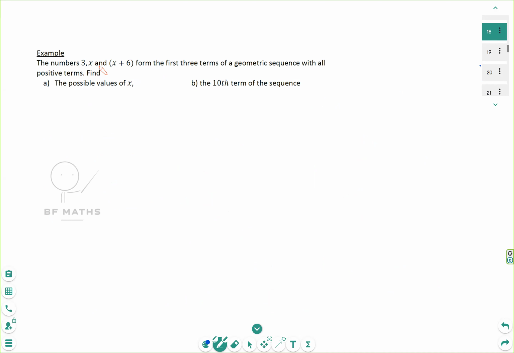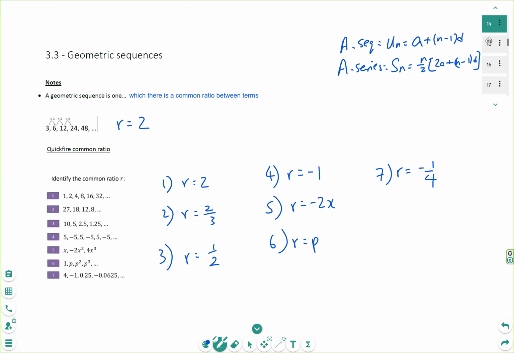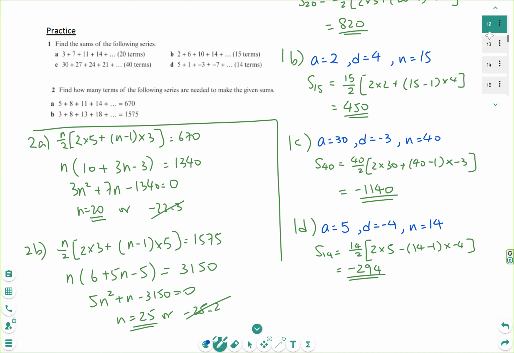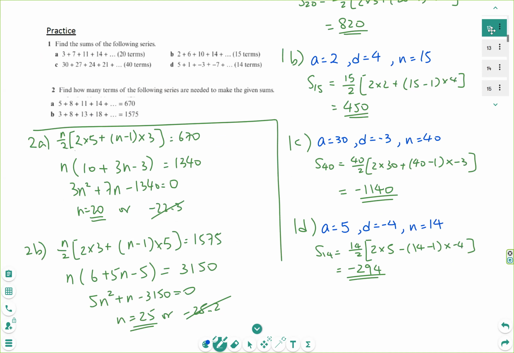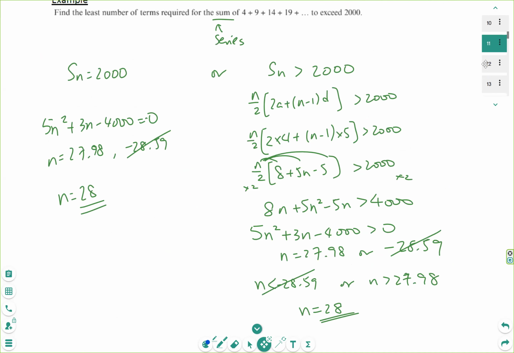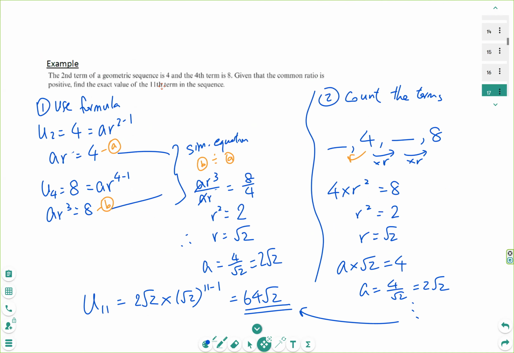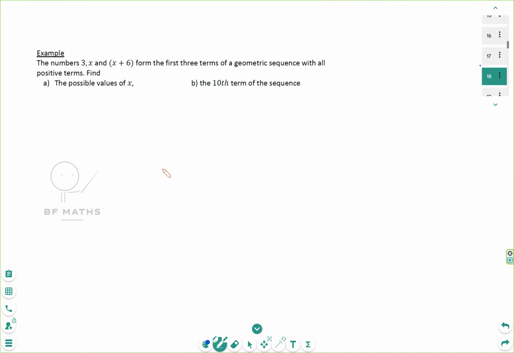Example: the numbers 3x and x plus 6 form the first three terms of a geometric sequence with positive terms. Find the possible values of x. What we know is 3x, x plus 6, something.